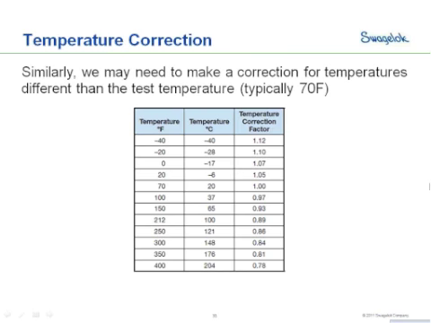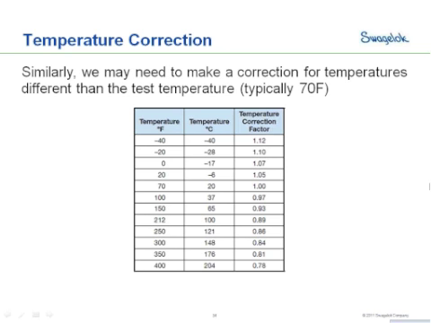We also talked about the testing for the flow curves being done at a specific temperature, and that temperature is typically 70 degrees. So if we are using the regulator at a temperature other than the tested temperature, we need to apply another correction factor for temperature. These correction factors are applied in exactly the same way that the correction factors for gases are applied.